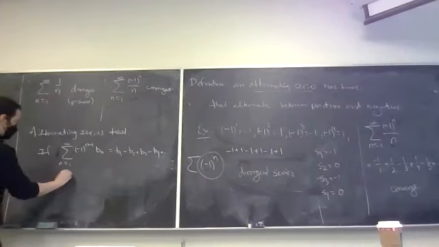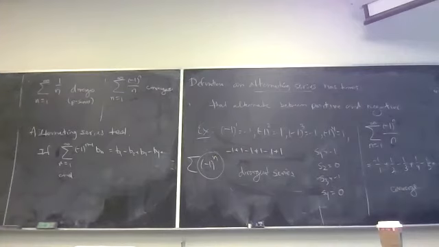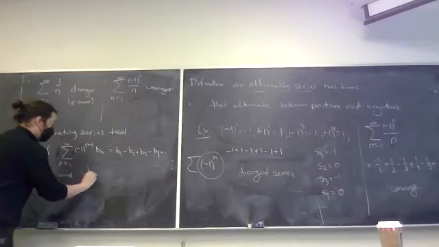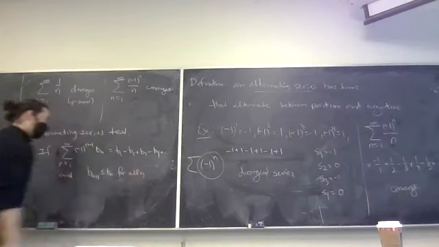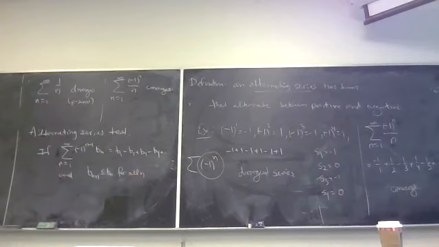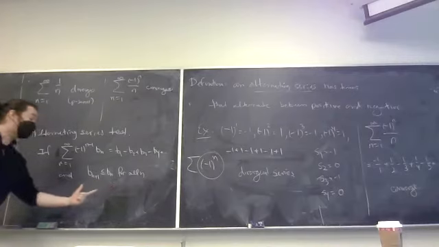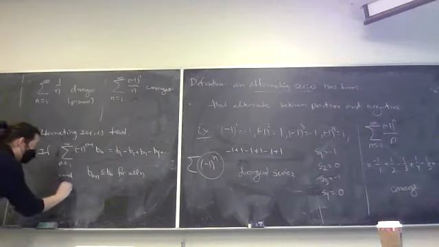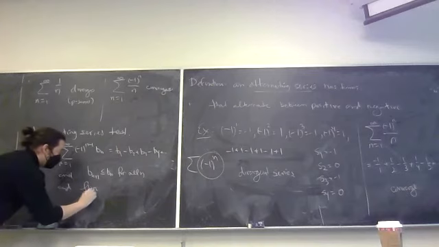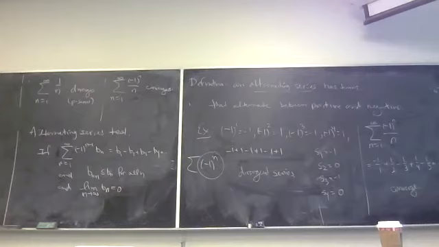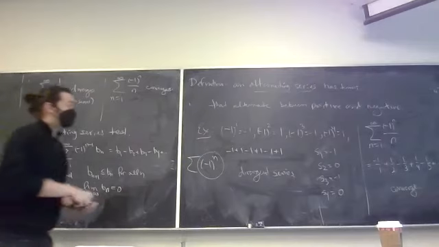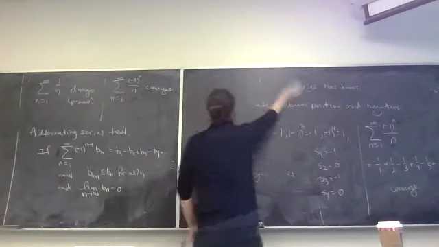Somebody said decreasing. That is one of the conditions: b(n+1) is less than or equal to b(n) for all n. So the sequence has to decrease. The positive numbers here have to decrease. And the limit as n goes to infinity of b(n) is 0. So decreasing with a limit of 0. Then the series converges.